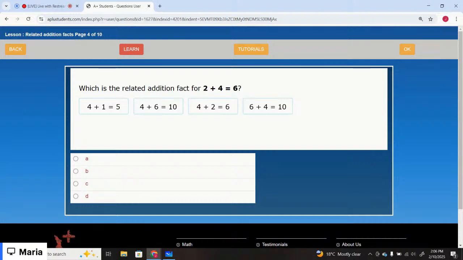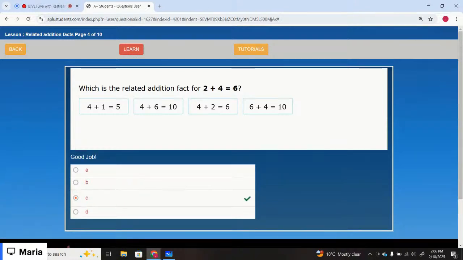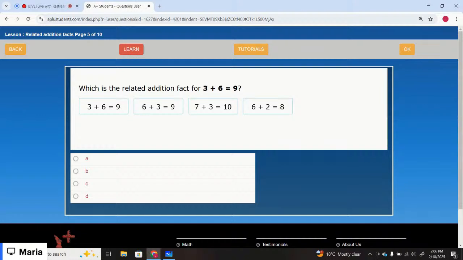Option number C is the correct option. Which is the related addition fact for 3 plus 6 equals 9? Option B is the correct option. That is 6 plus 3 equals 9.